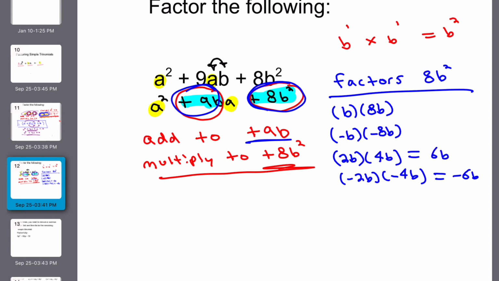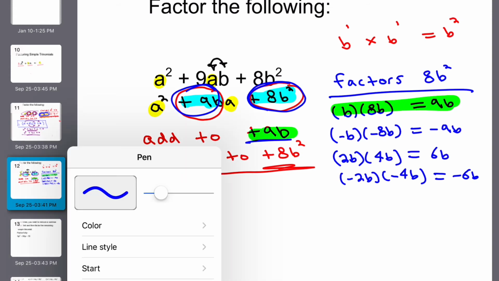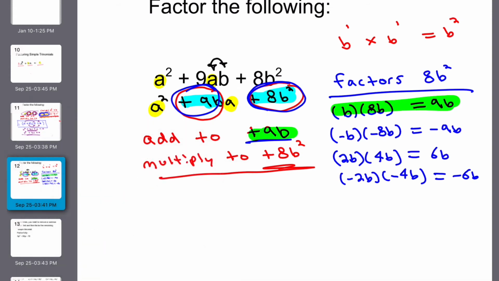The one above that, negative b plus negative 8b, you're now at negative 9b. Still not what we want. But the top one, b plus 8b, we now have 9b. And that's bingo. That's the one we want. It's the winner. We wanted the 9b and we found it. So those are our two numbers, b and 8b.